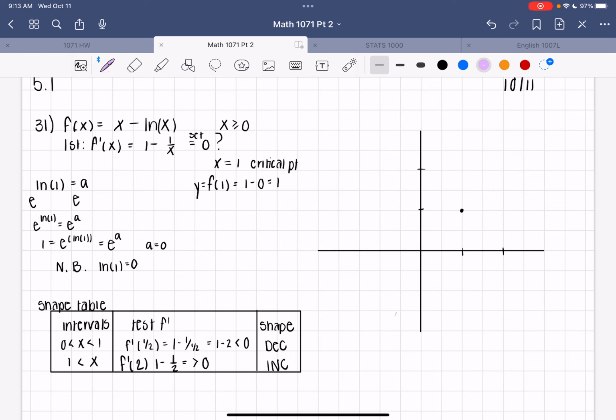I'm sorry, no wonder I'm hesitant. I got it backwards. The way I've drawn it, I've made it increasing on the left. I got this here backwards. I got these things switched. Yeah, sorry about that.